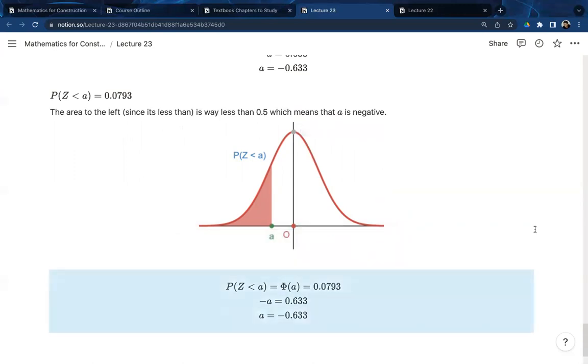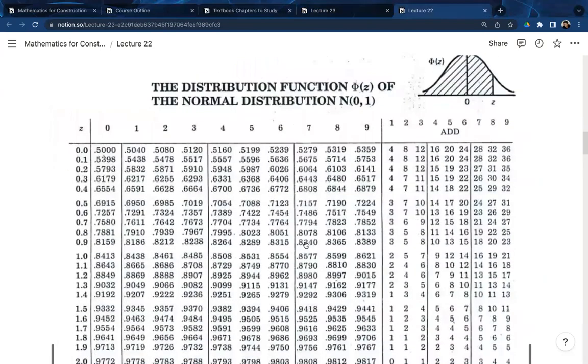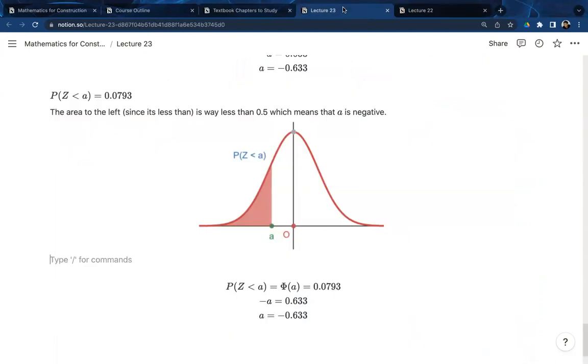Now the table doesn't give values for negative A. It doesn't really give values like 0.07, you can't find 0.07 inside of here. It starts from 0.5 up here. So we need to find an interesting way to get this.